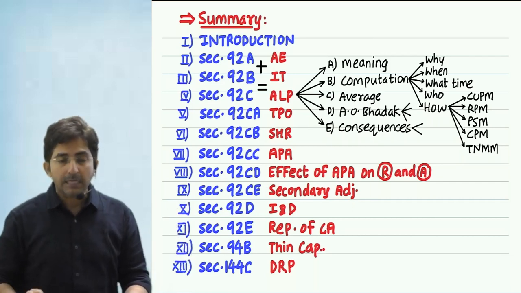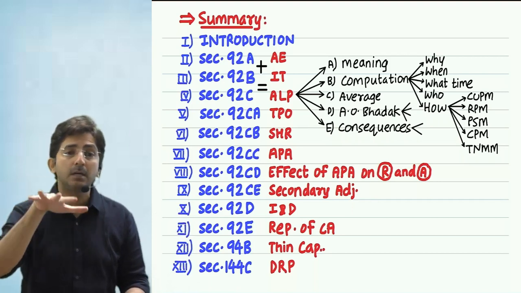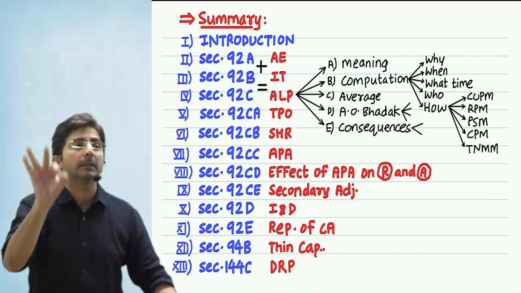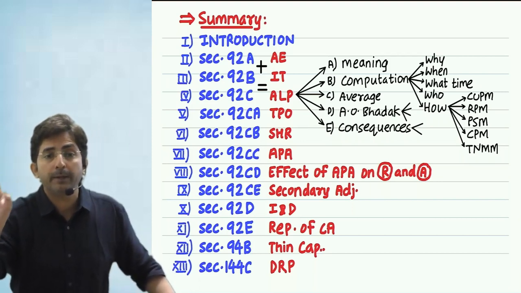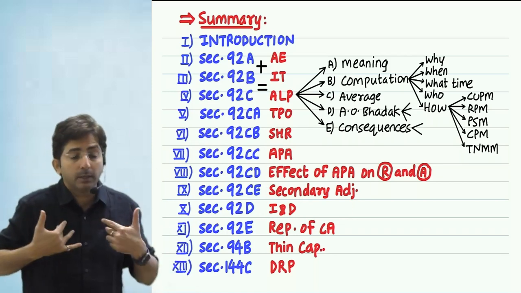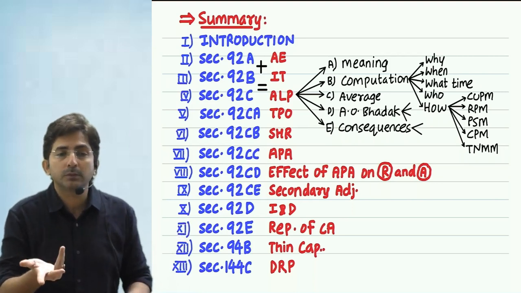And lastly, how is ALP computed? For that there are 5 methods. And out of the 5 methods, you have to select the most appropriate method. And what is most appropriate? That is a call of the assessee. And in case his most appropriate method isn't approved, then there is a dispute. Tell me where the dispute goes.